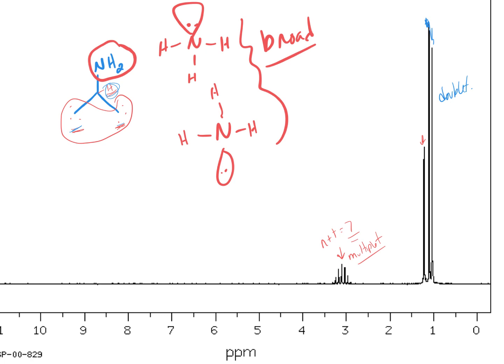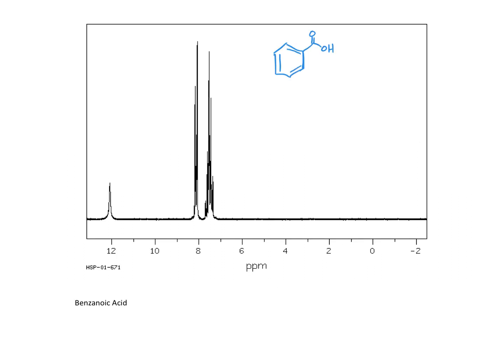Now the integration should be that this multiplet has an integration of 1. The NH2 peak should have an integration of 2, and the doublet should have an integration of 6. Sorry, I didn't go through the list as succinctly as I did in other examples. Let's go to the next one.